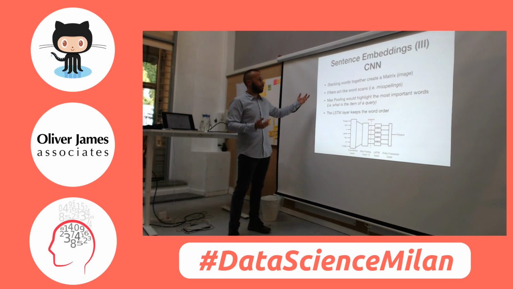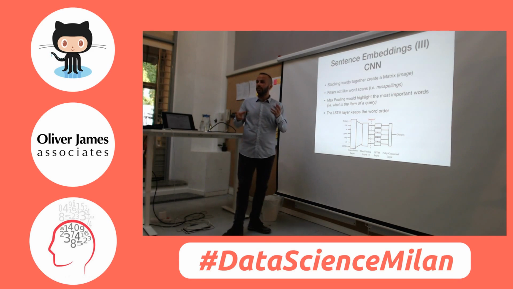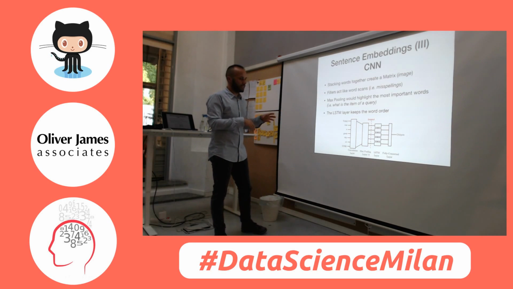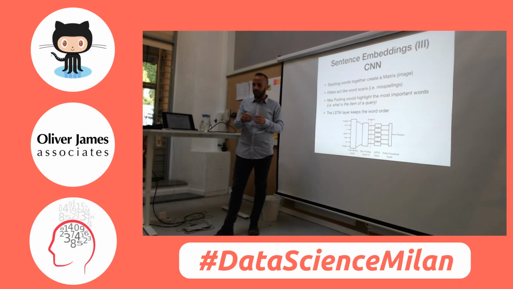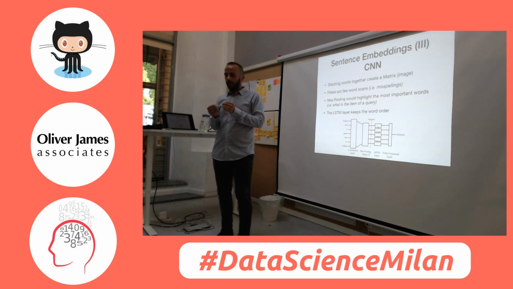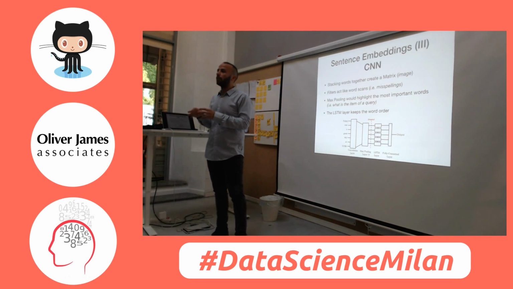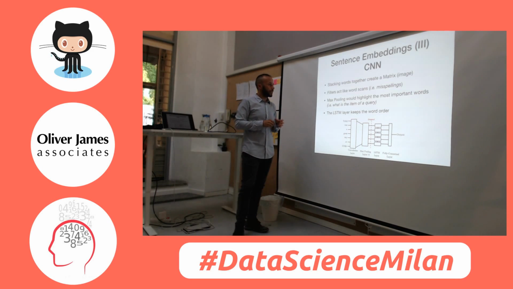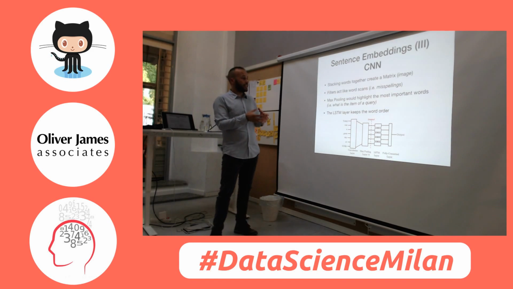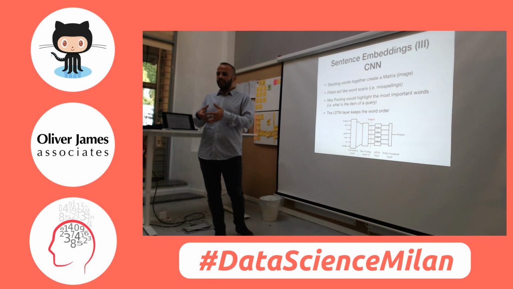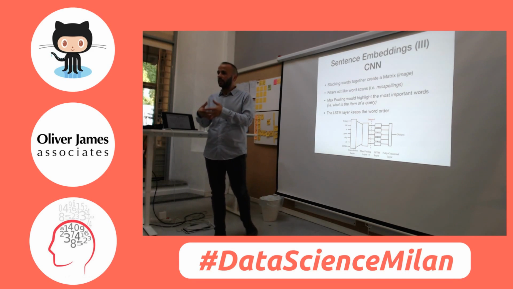The intuition is that the filters that usually are used to detect edges or things like this in images can give us things like misspellings, which is really common in text data. Max pooling is going to give us, from a block that we pass to the network, what's the main topic that we're talking about.